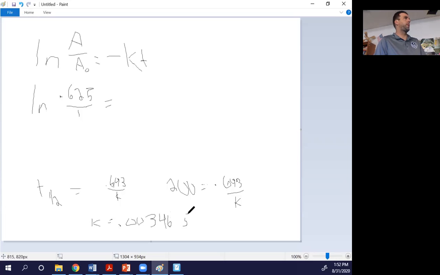Seconds^-1. So now I can plug this back into this equation, can't I? Negative 0.00346 times time. So now how do I solve this out?